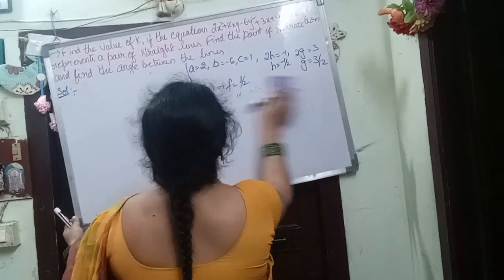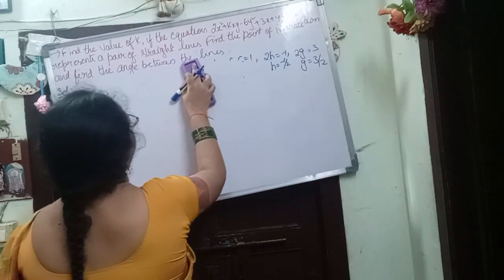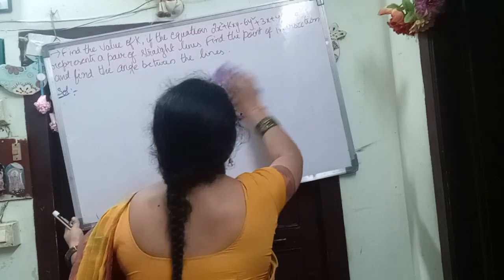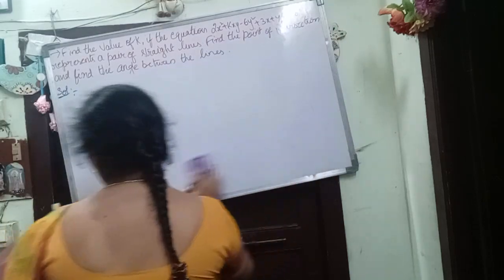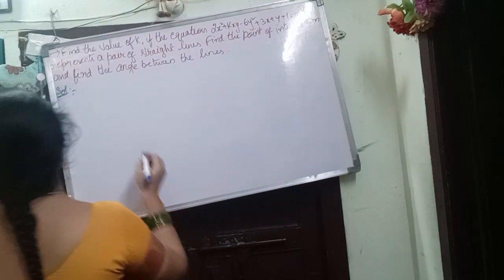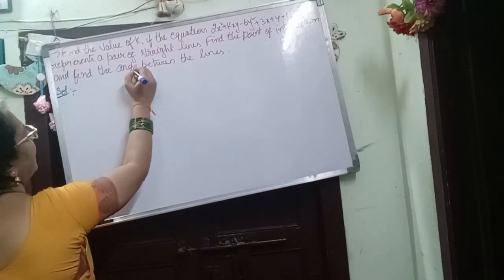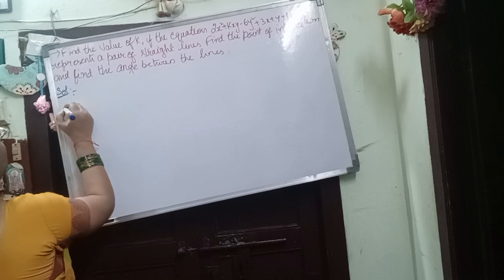We have a formula for the angle between two lines also, right? That is cos inverse of mod of a plus b by root of a minus b whole square plus 4h square. So we have to find the angle between the lines.